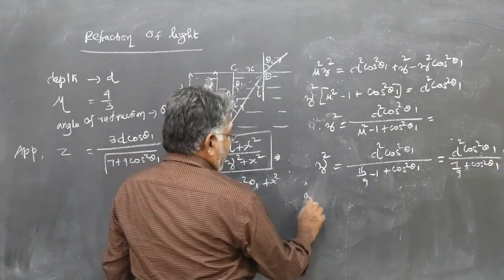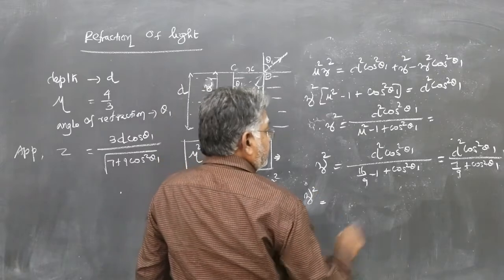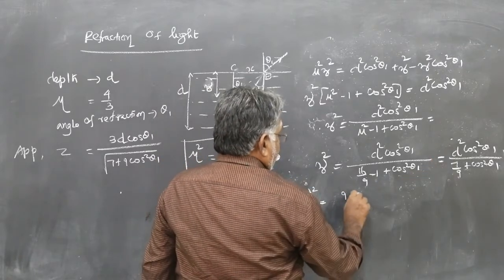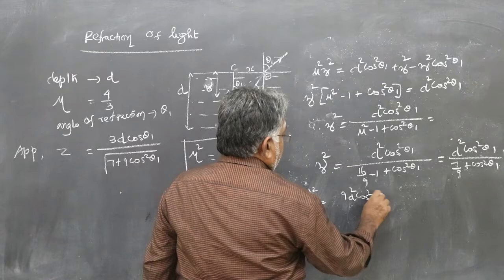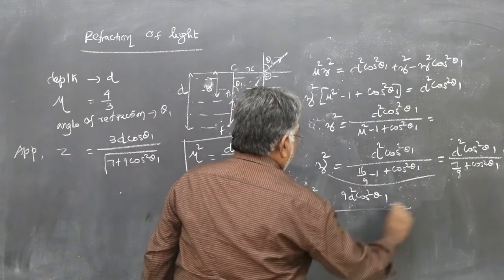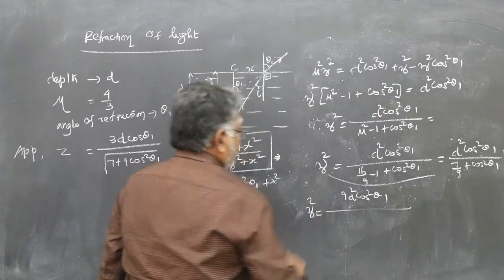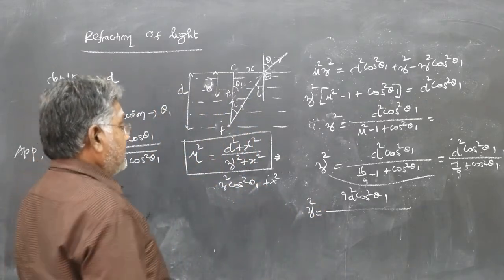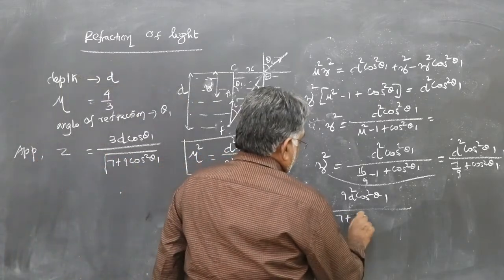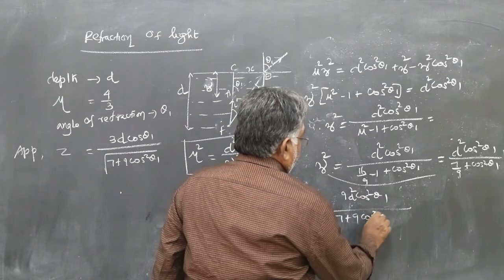Therefore z square is 9d square cos square theta 1 by 7 plus 9 cos square theta 1.